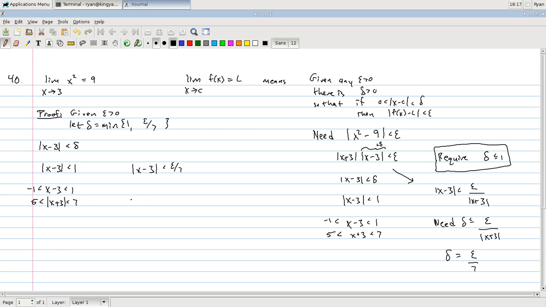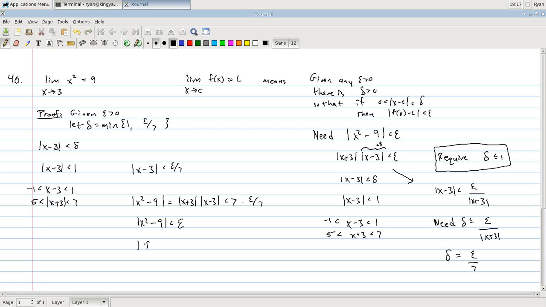So that means if I take the function x squared minus 9, this is the same as x plus 3 times x minus 3. X plus 3 is less than 7. X minus 3 is less than epsilon over 7. So this tells us that x squared minus 9 is less than, multiplying these together, the 7's cancel, we get that this is less than epsilon.